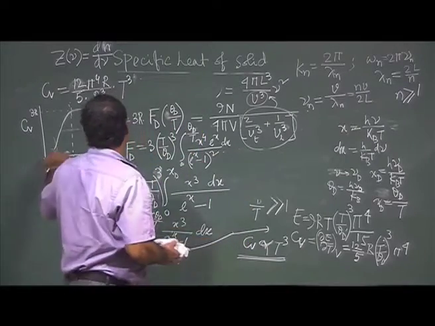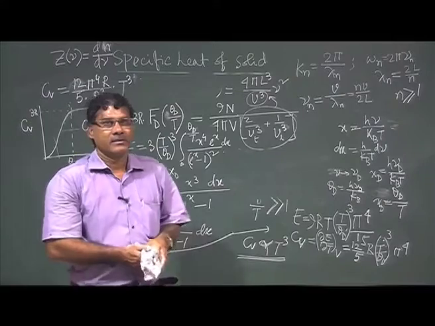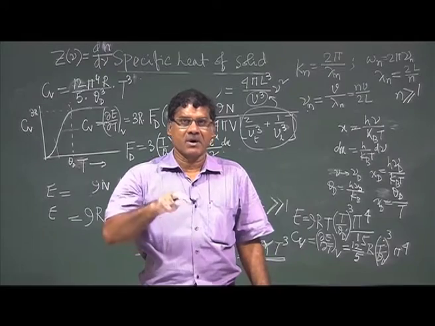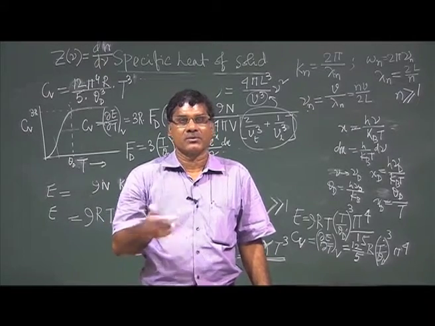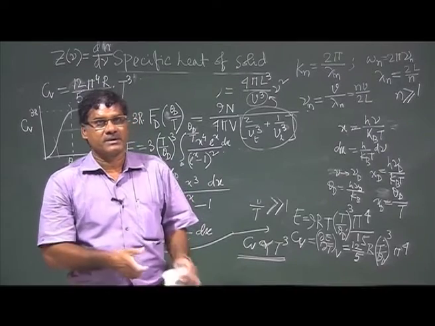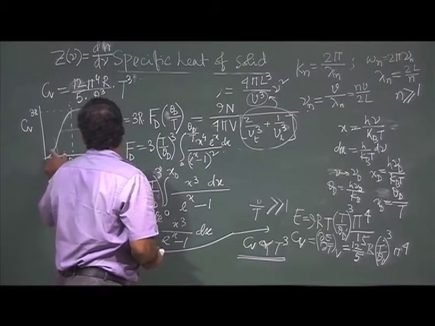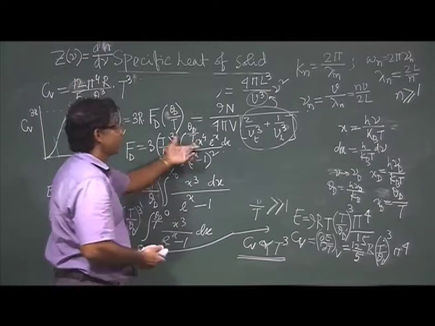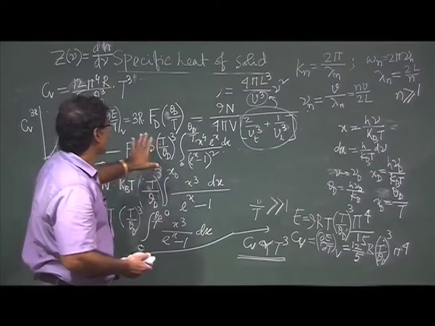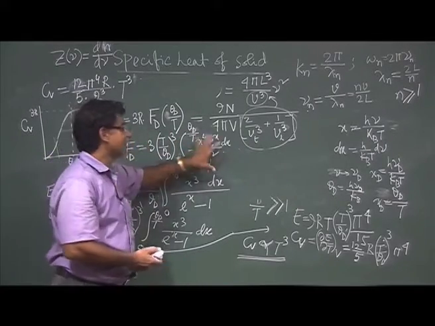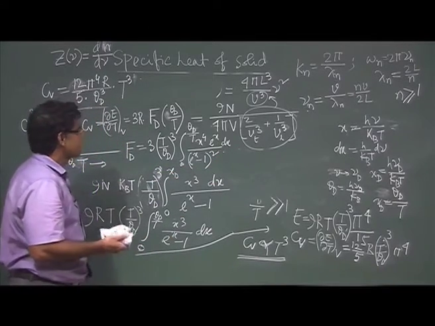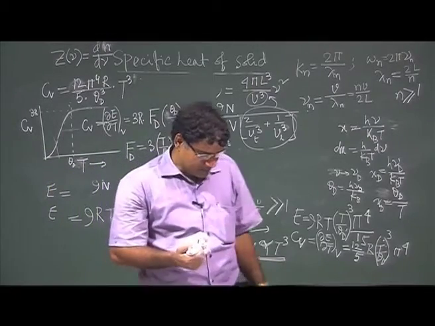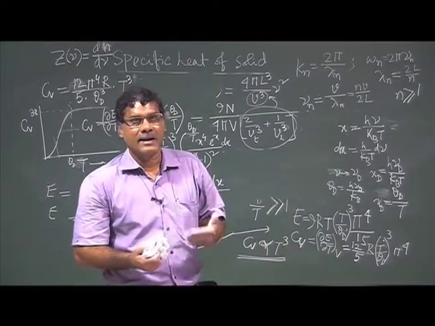So to get this whole curve, one has to do it numerically, maybe by writing a program with the help of a computer. One can generate points in this range. For higher and lower temperature one can take the limit, but this is called numerical calculation, not analytical calculation, while analytical is not possible.